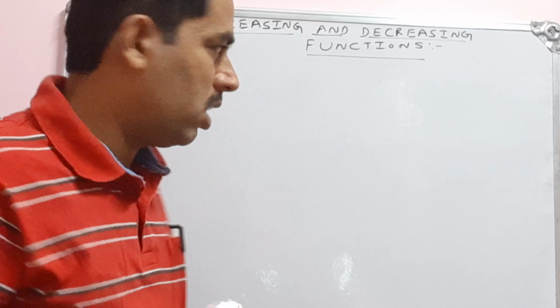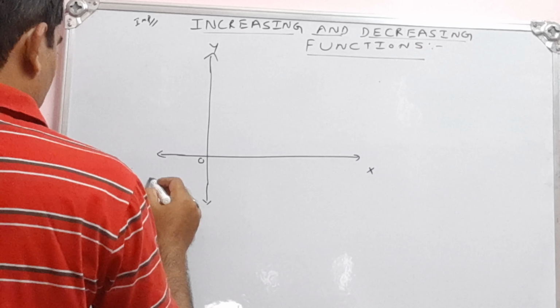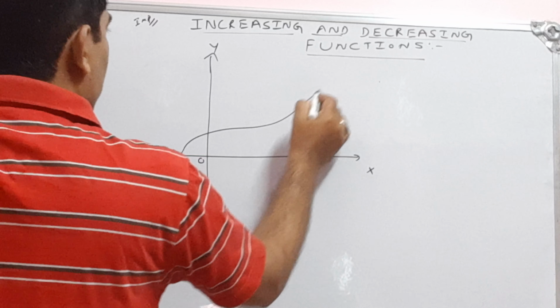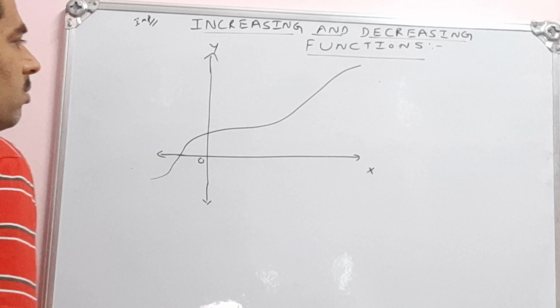Okay, let me draw the graph here. Observe carefully. This is the origin, so x-axis and y-axis. If I have a graph somewhere like this, let me extend this line.